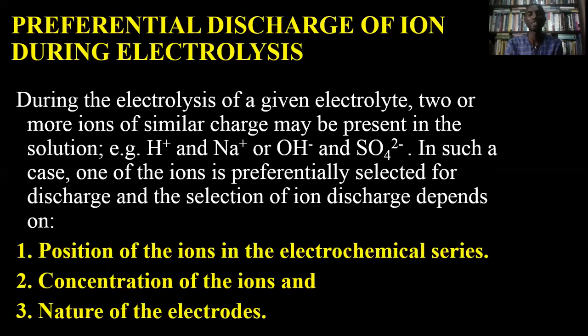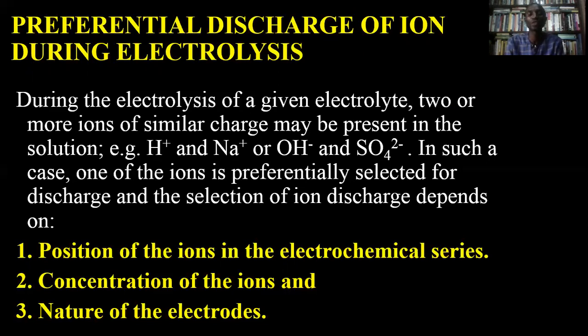Number one is the position of the ion in the electrochemical series. The ions present in the electrolyte will definitely be more than one, at least two positive ions, because water is already there, and another compound that will be added will also have its ions. So the position of the ions in the electrochemical series affects the particular ion to be discharged.